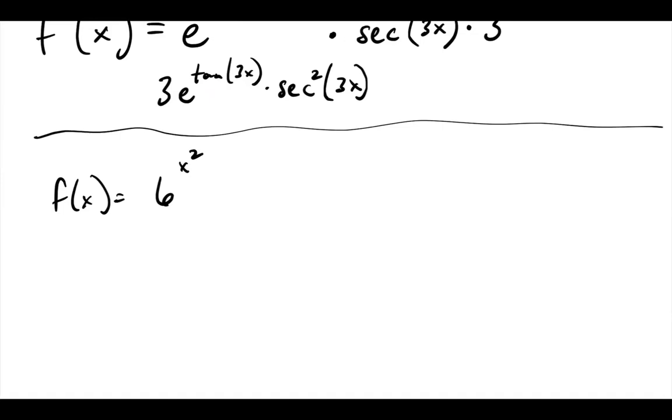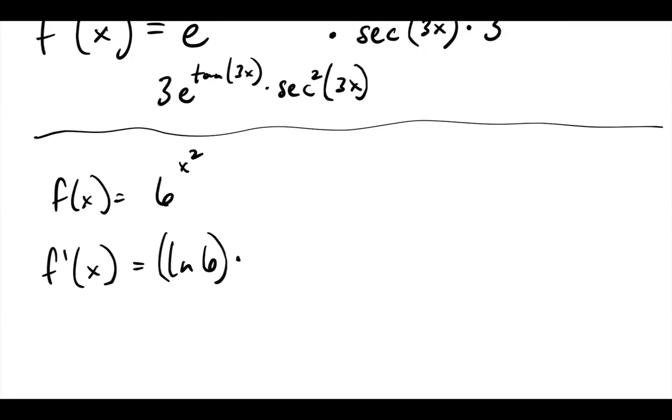Okay, so what do our directions say for finding the derivative of that guy? What's the first thing we got to do? The natural log of the base. The base is 6. Natural log of 6. Good.